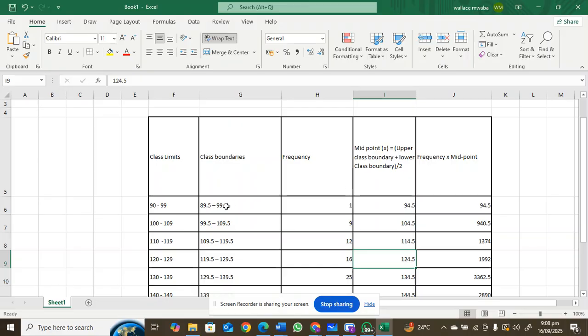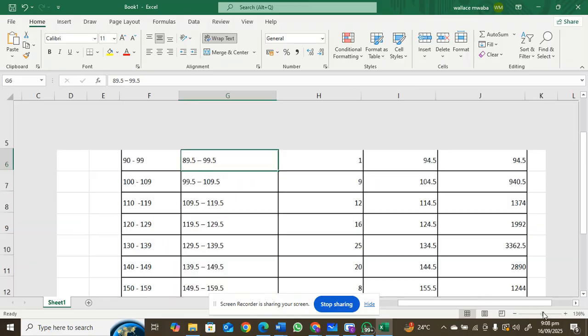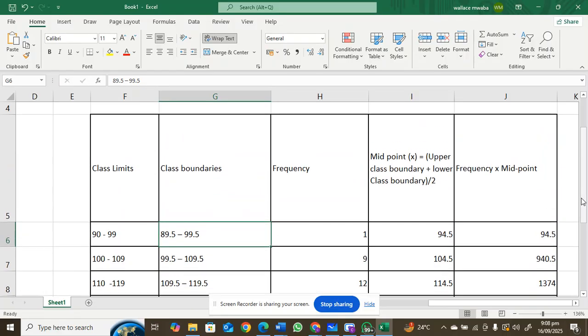So for our first class, 99.5 plus 89.5 divided by 2, you get 94.5. For the second class, 109.5 plus 99.5 divided by 2, you get 104.5.